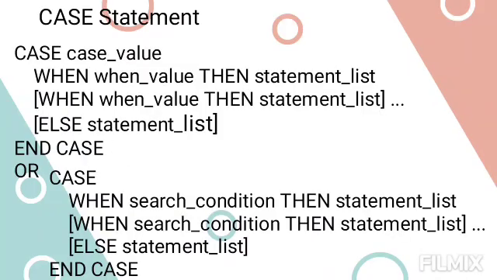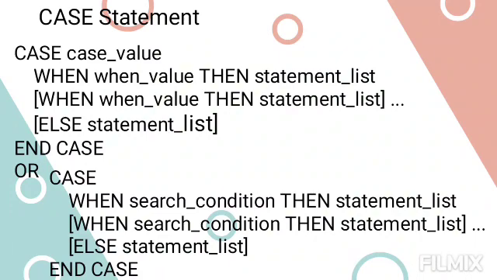The case statement. The case statement selects a sequence of statements to execute. The case statement uses a selector rather than multiple Boolean expressions. A selector or case value is an expression whose value is used to select one of several alternatives.